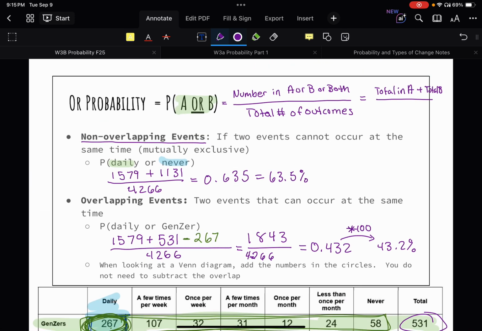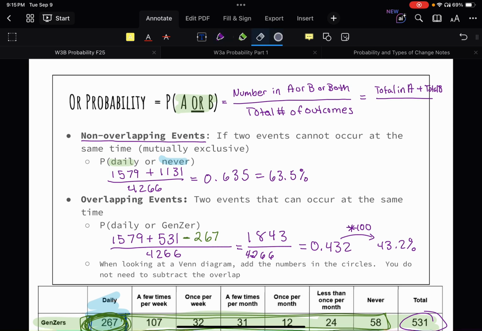If you want to go to that formula, then you want to think about it as, and I'm going to shrink this so that I have room, a total in A plus the total in B, but then I want to minus the overlap of A and B. So I'll take out that overlap because it's counted both in group A and in group B, and it's still over the total number of outcomes.